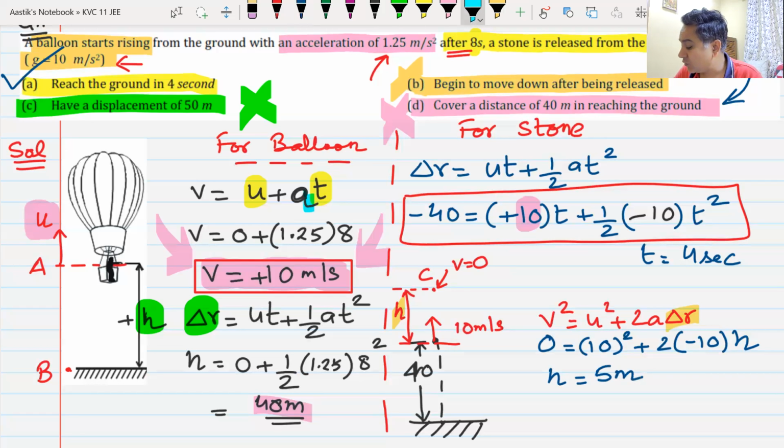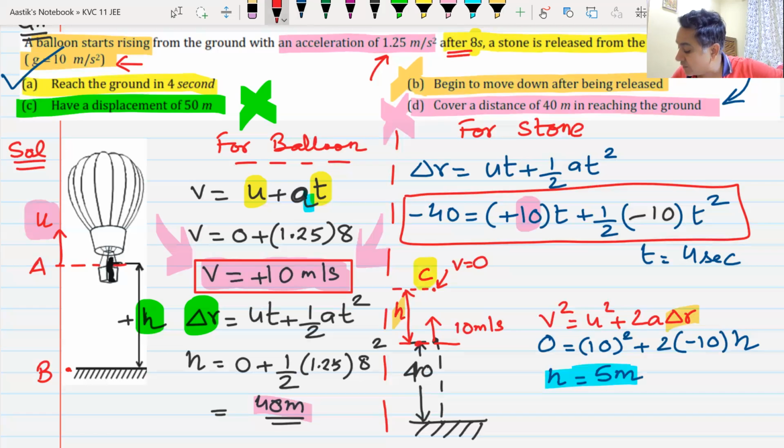Now, if I ask you what is the distance traveled by the stone, look at the stone. The stone is here. It goes up till point C. Then it comes down from C to the same point. Then it goes down.